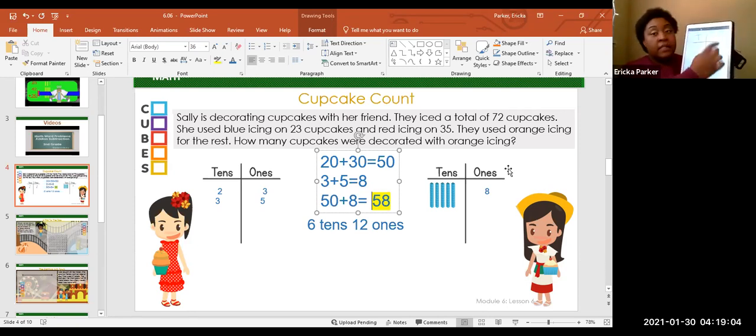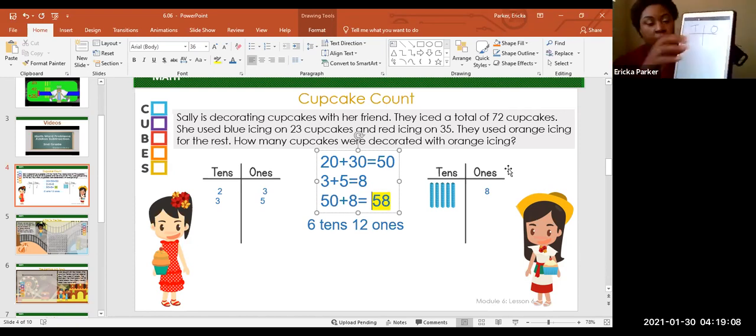All right, we got our 10s and our 1s. Let me bring this down a little bit. Okay, we know that we have how many 10s? We had to break up some of the 10s so that we had enough.